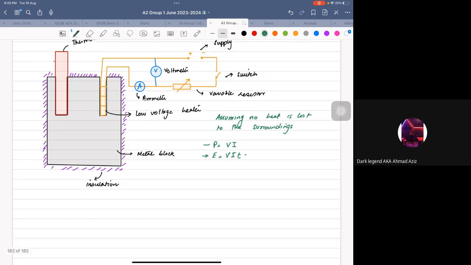So first of all, in the first step, take the initial temperature T1. Number 2, take the final temperature T2.